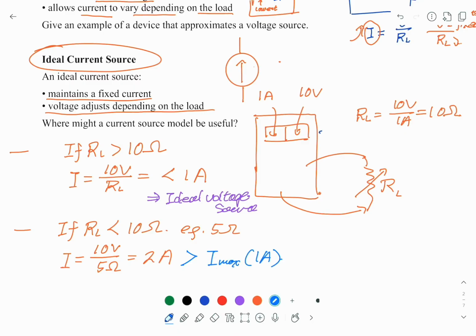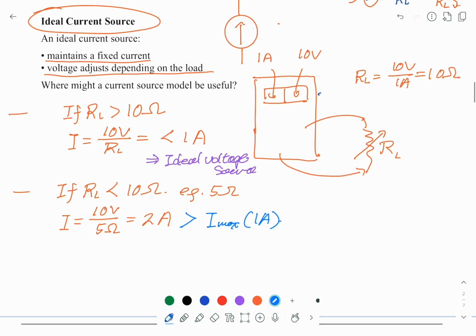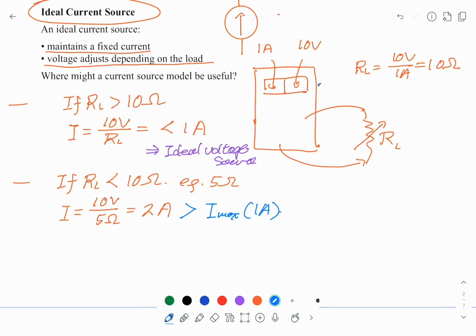So this is impossible. In this case, the power supply can only provide 1 ampere. So this will become 1 ampere, and you have 5 ohm. So now the output voltage will reduce to 5 volt.